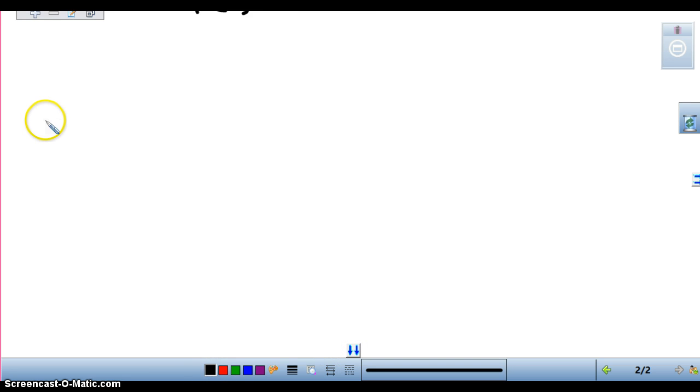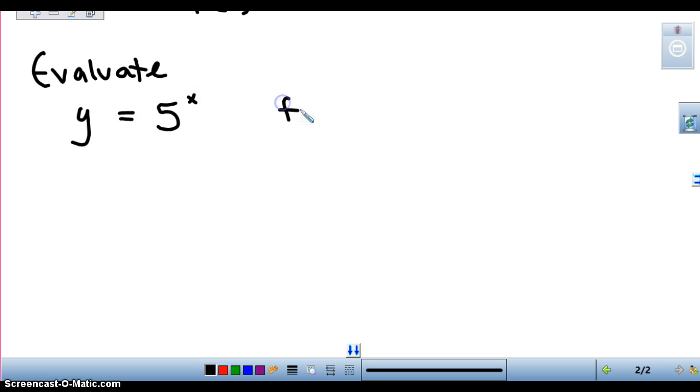Okay. If we have to evaluate an exponential function, for example, y equals 5 to the x power, for x equals 2, 3, and 4, what we can do is we can create a table.